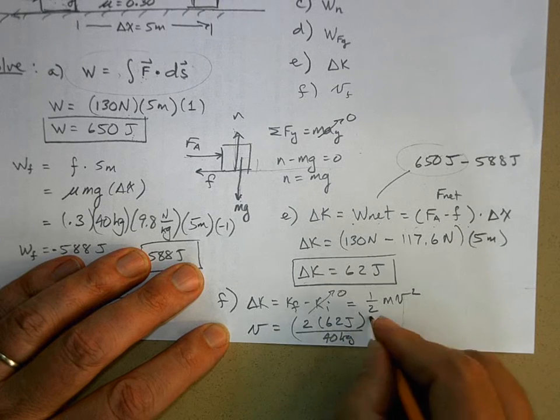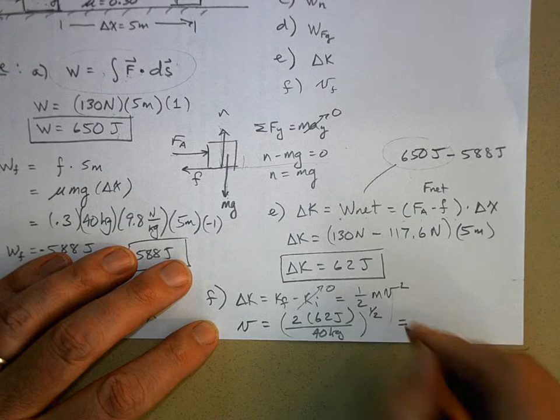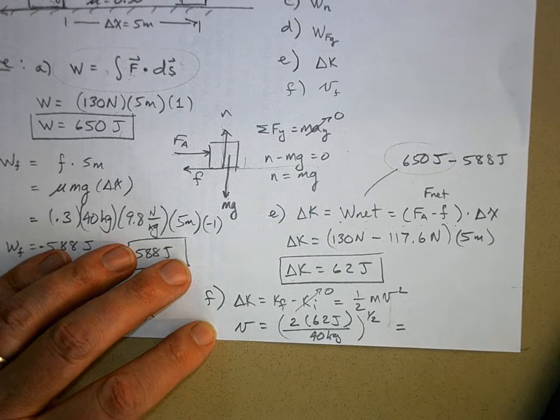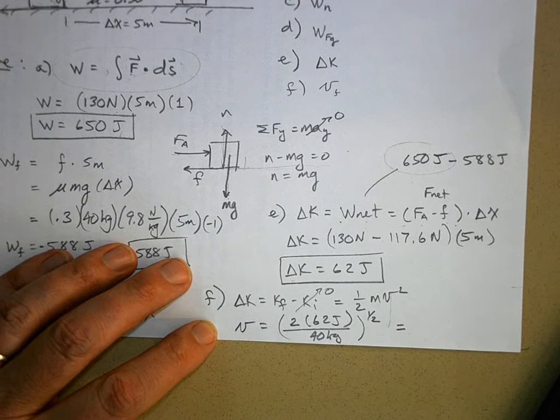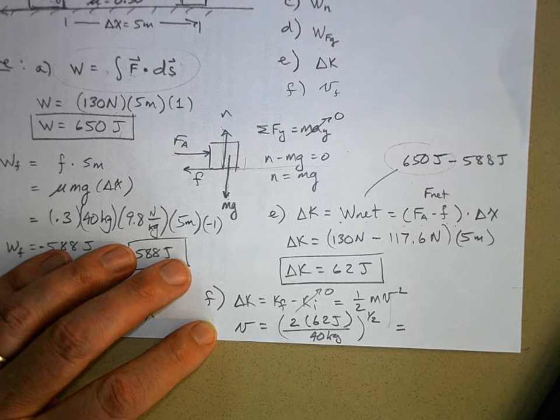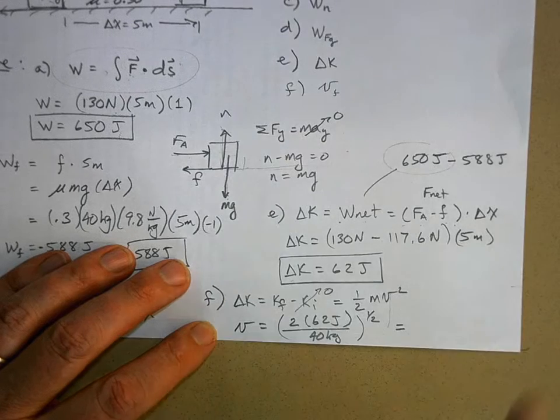And then I've got to take the square root, or just the 1/2 power will work. So you get 62 times 2 divided by 40. You get 3.1. And then you have to take the square root of that, and I get 1.76.